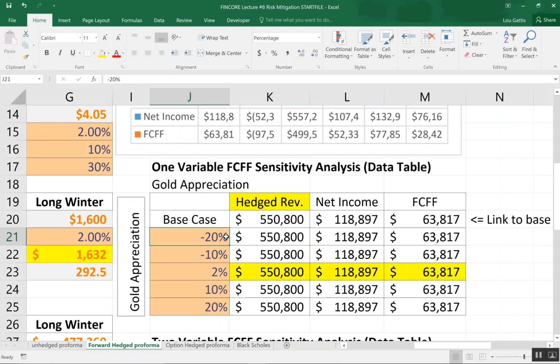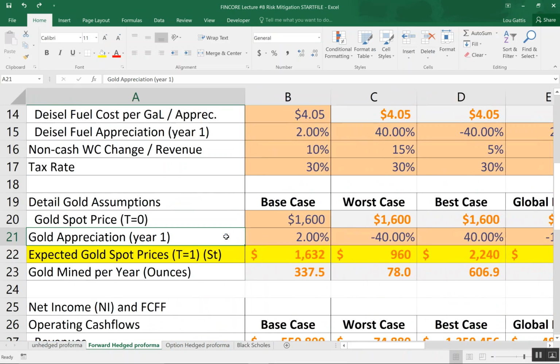So what's interesting too is what if gold falls by 90%? I still get my revenue of 550. However, what if gold goes up by 90%? I still only get 550. So I've eliminated my exposure to gold prices on my base case quantity.